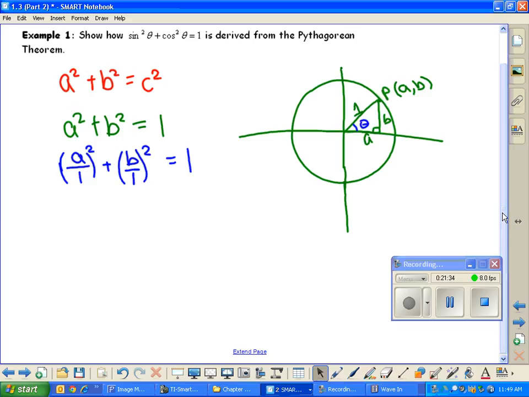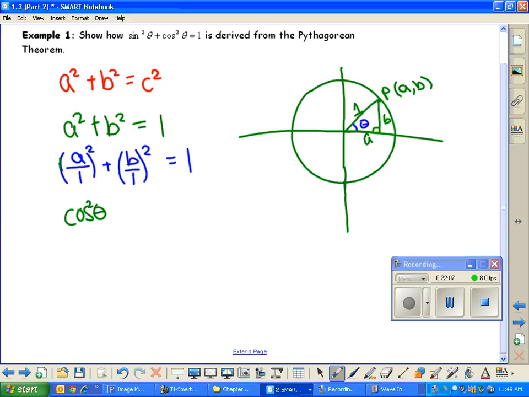What's a over 1 equal to? Theta of what is adjacent over hypotenuse, right? That's a over 1. It's adjacent over hypotenuse. No one remembers what adjacent over hypotenuse, what trig function? Cosine, yes. So we can replace a over 1 with cosine of that theta.